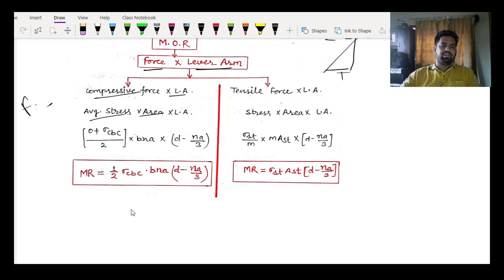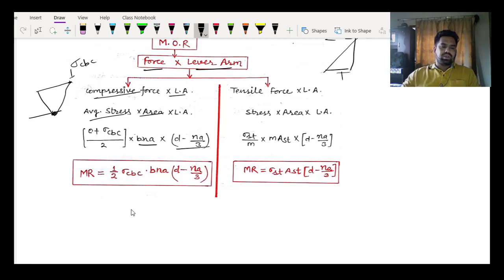For the compression side, the stress is 0 at the neutral axis and maximum at the top, so we take the average: 0 plus sigma_cbc, divided by 2, into the area from the section, which is b into x_a, and the lever arm is d minus x_a by 3.